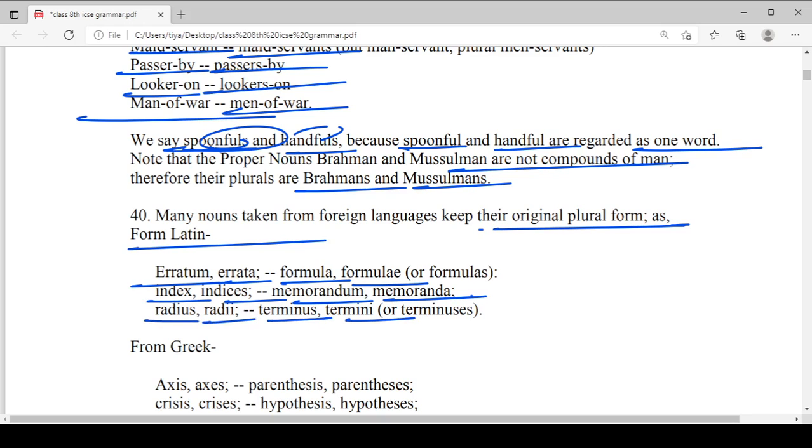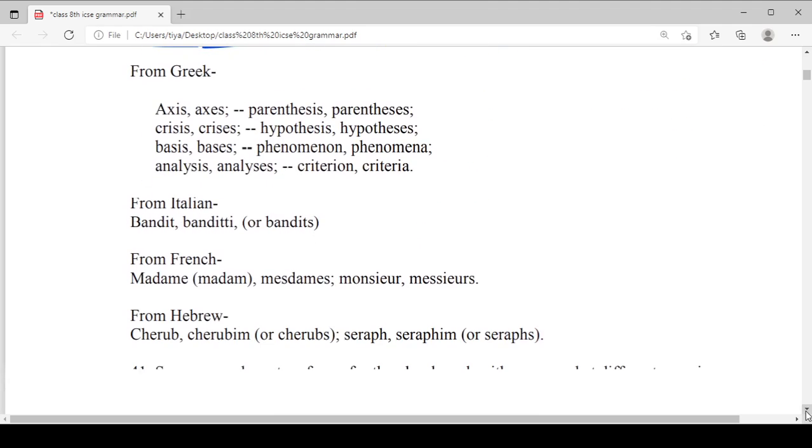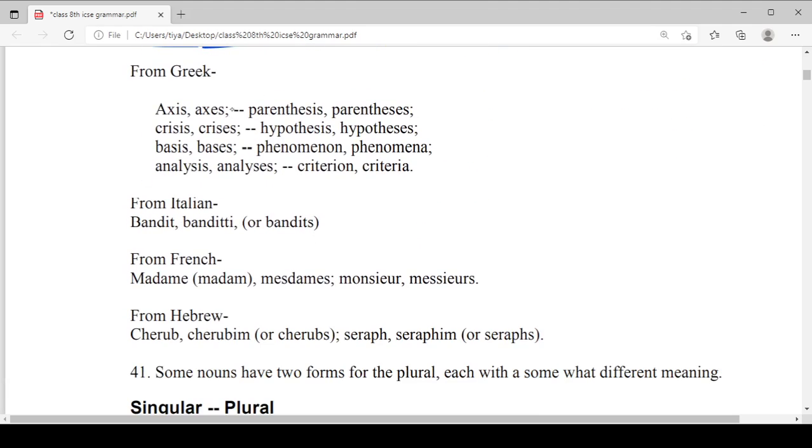So these words are taken from foreign languages, so sometimes their plural form can be changed. Okay. From the Greek words: axis, axes, parenthesis, parentheses, crisis, crises, criterion, criteria, analysis, analyses, phenomenon, phenomena, okay, bandit, bandits.